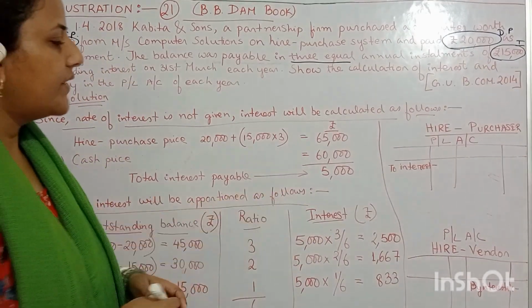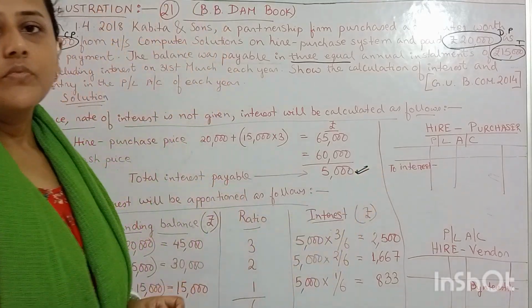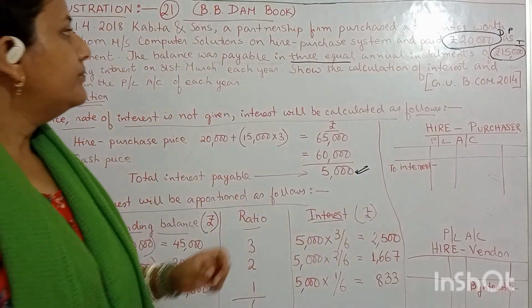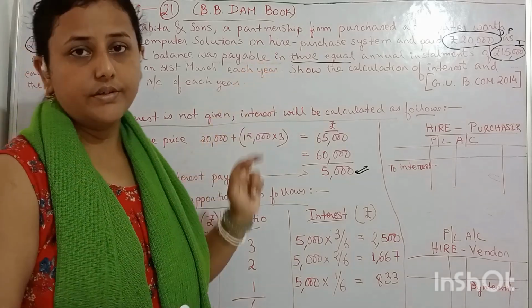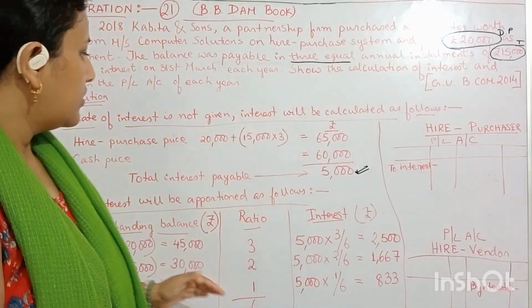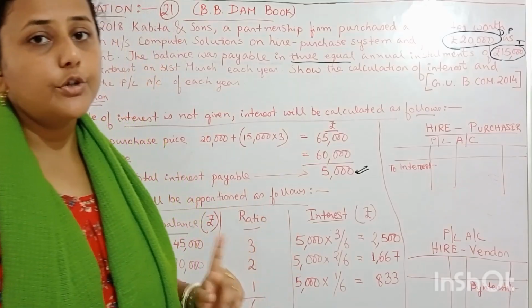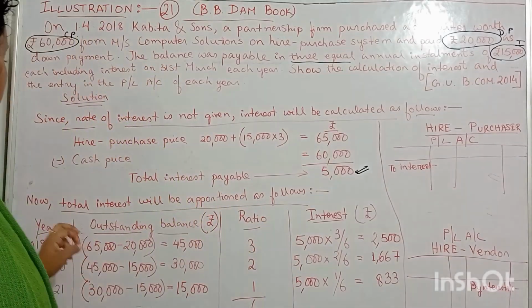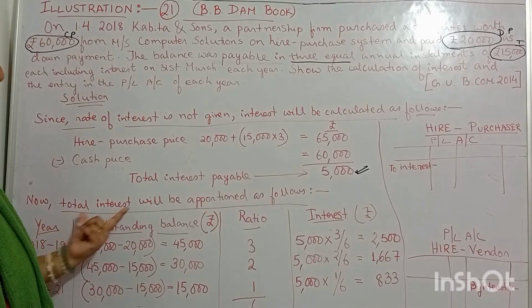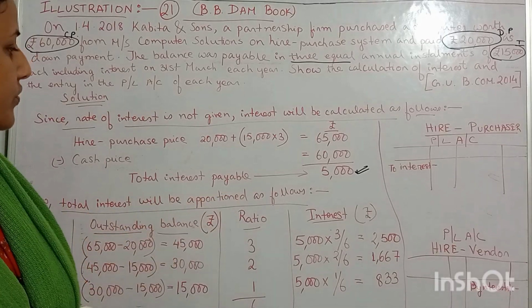Now this 5,000 will be apportioned over 3 years in some ratio, so that ratio you have to take out. Total interest will be apportioned as follows.